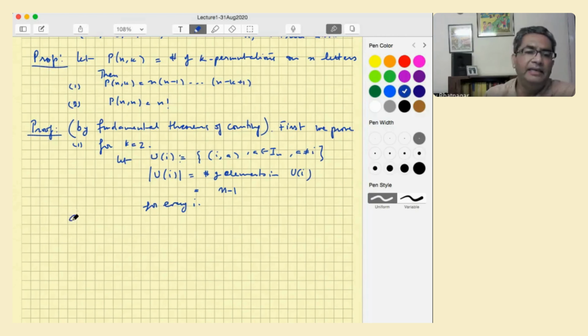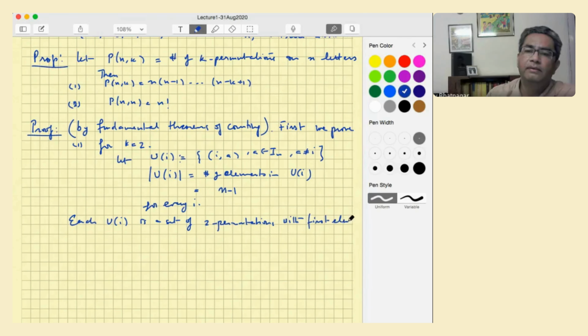And each U_i is a set of two permutations with first element i. So these U_i are pairwise disjoint.